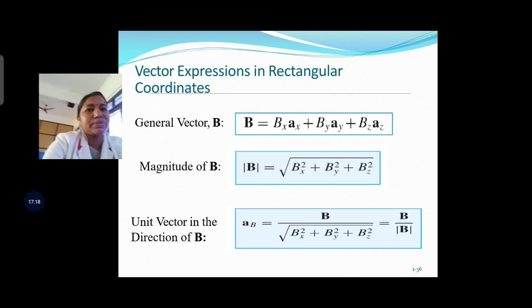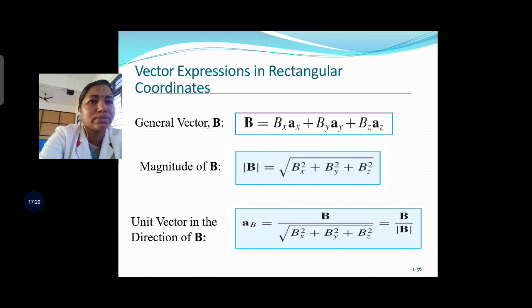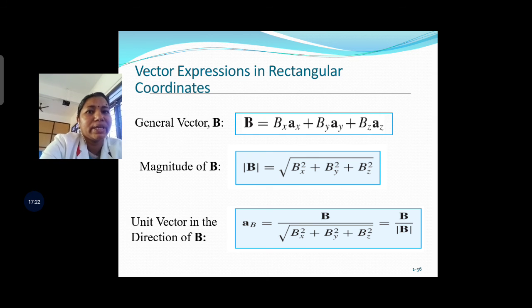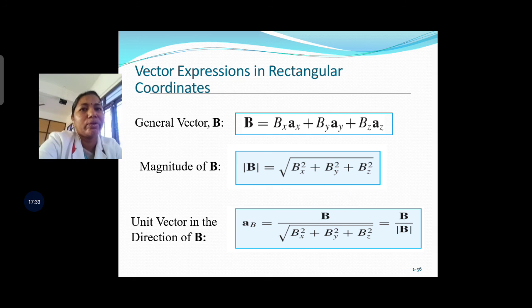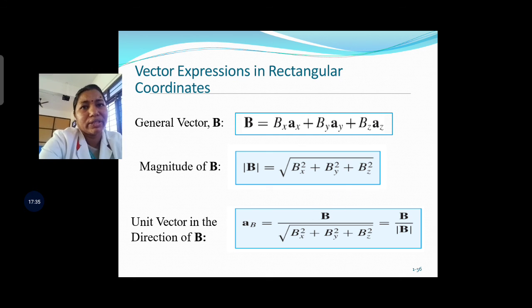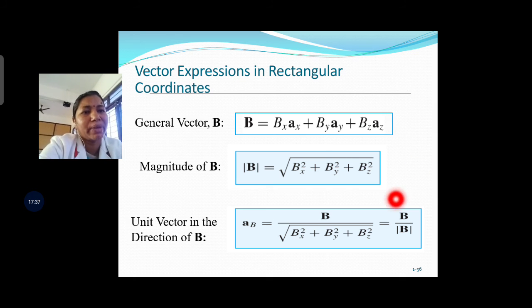So the vector expression in rectangular coordinates is B equal to Bx ax plus By ay plus Bz az. The magnitude of B is the square root of Bx square plus By square plus Bz square. Now we are going to write the unit vector. A unit vector is defined as any vector divided by its magnitude.